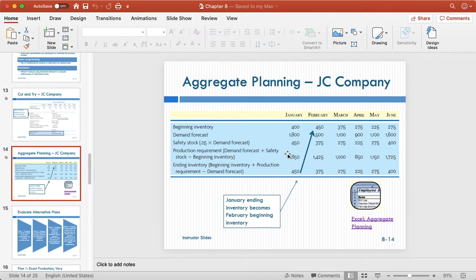This amount corresponds to the production requirements, how many you need to produce within this month. And the ending inventory is what you already have, plus what you will produce within this month, minus the demand forecast.